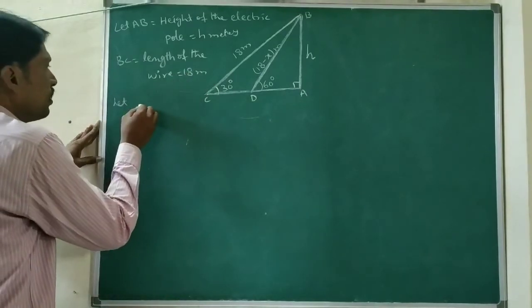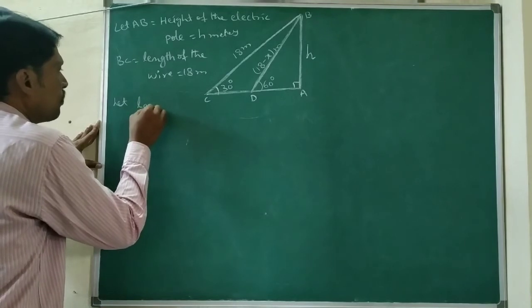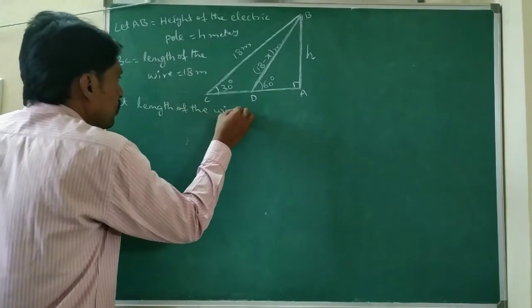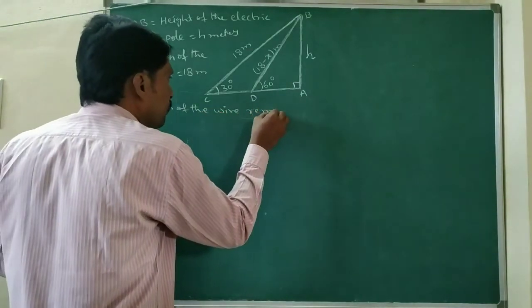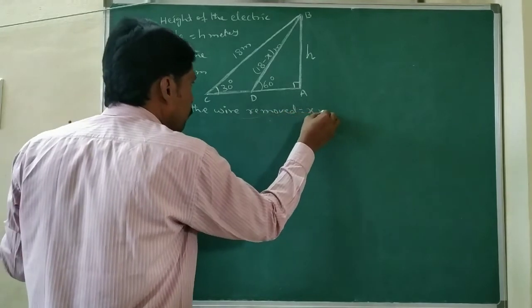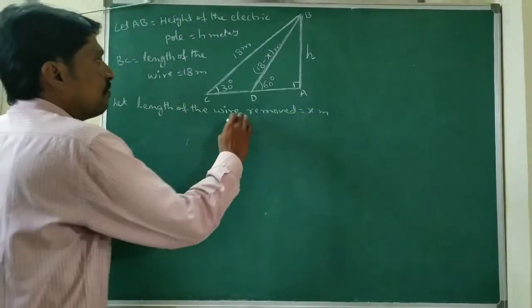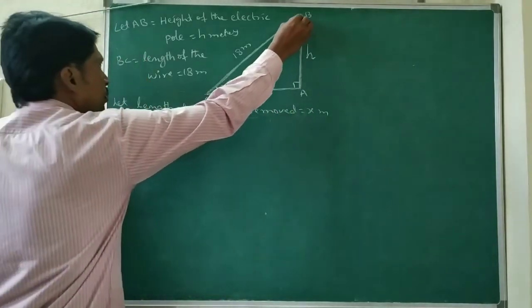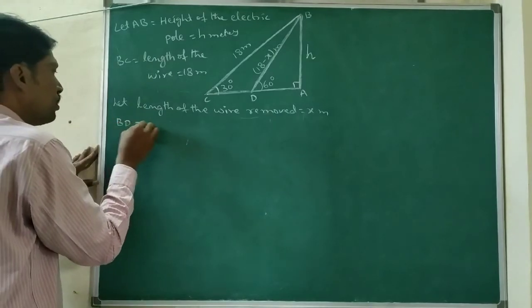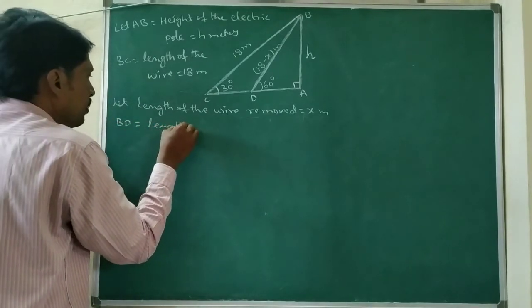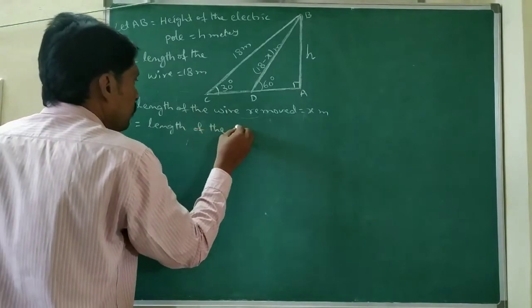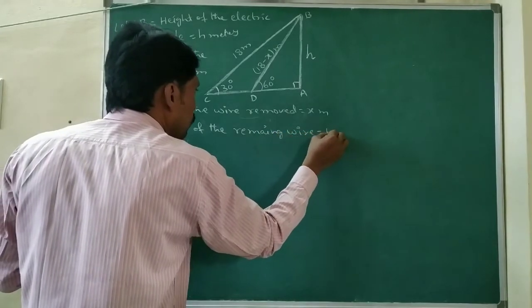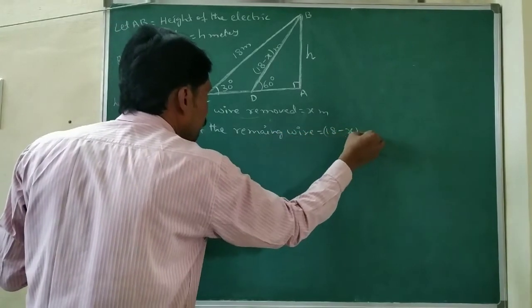Let the length of the wire removed equal x meters. Next, the remaining wire is BD. BD equals the length of the remaining wire, that equals 18 minus x meters.